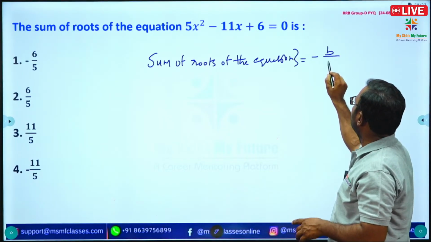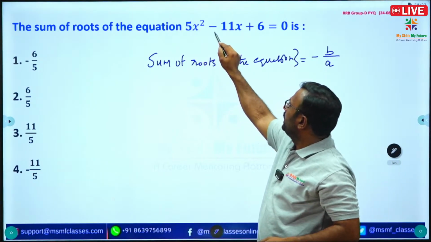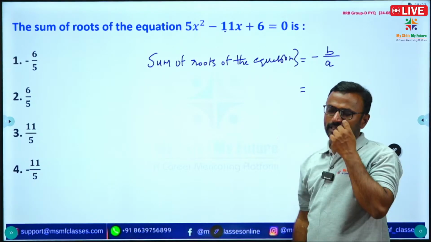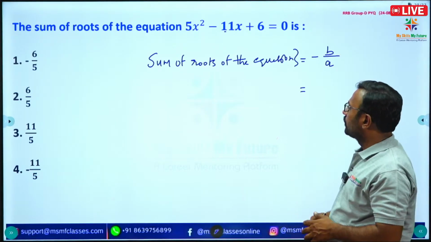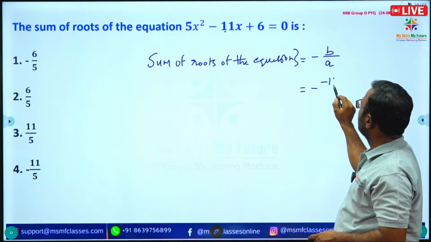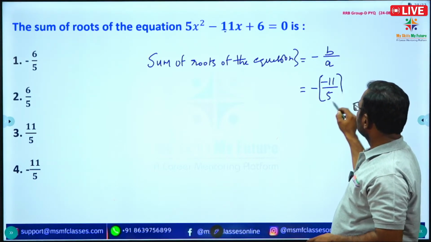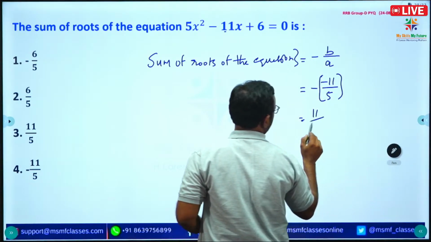Here a is 5, b is minus 11, c is 6. So the sum of roots is minus b by a, minus of minus 11 by 5, which is nothing but 11 by 5.